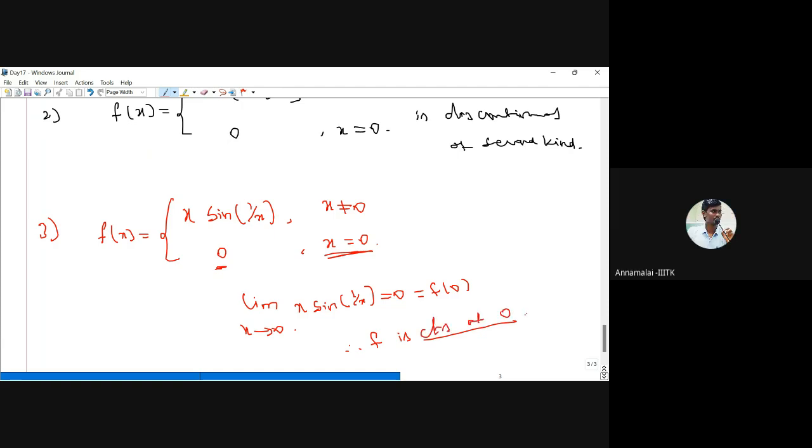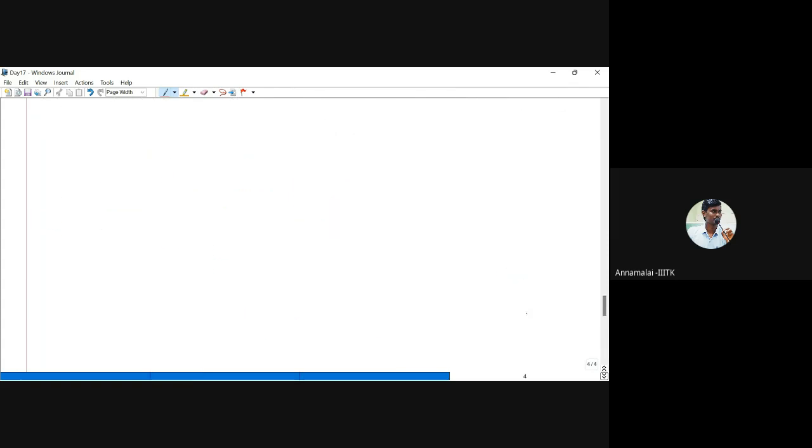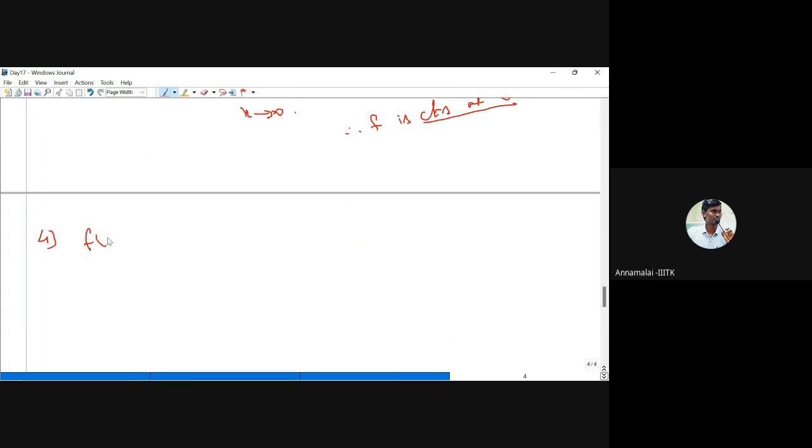Similarly, instead of sin 1 by x, I am taking cos 1 by x. Now, what can you say about the function f of x equal to x into cos of 1 by x, where x is not 0, and 0 if x equal to 0? Again, what is the limit as x goes to 0 of x into cos of 1 by x?